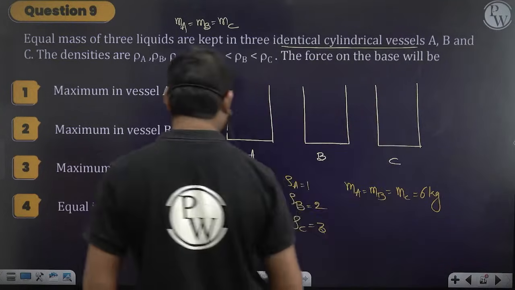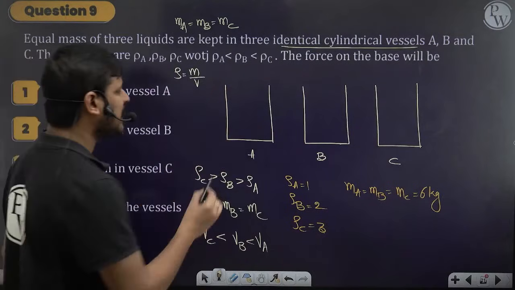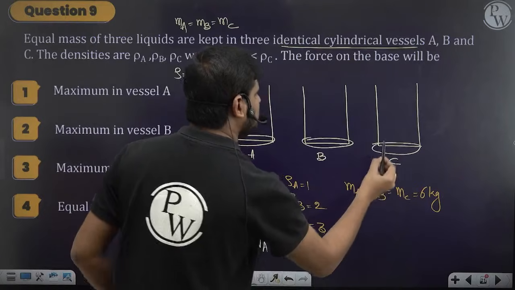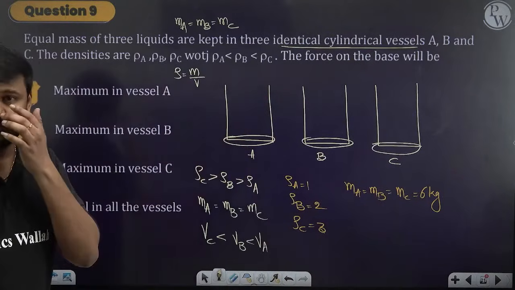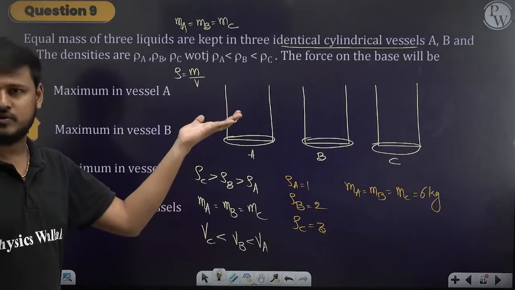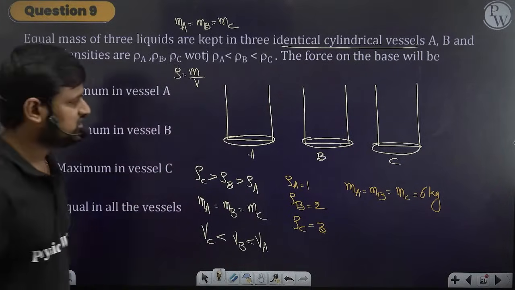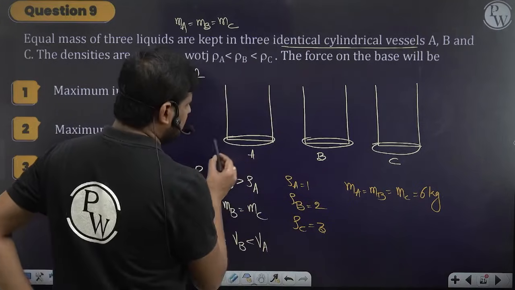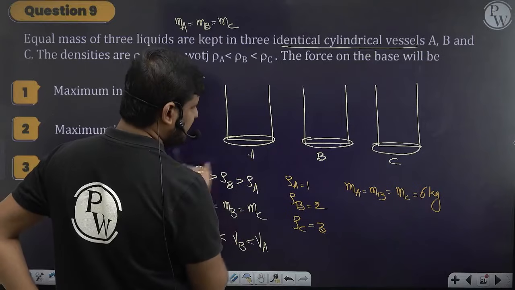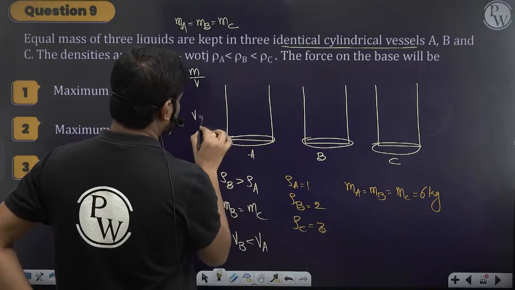They all have the same base area. In whichever one the volume is more, the height will be more, and so the pressure will be more. Let the area be A. Let's go for the volume.